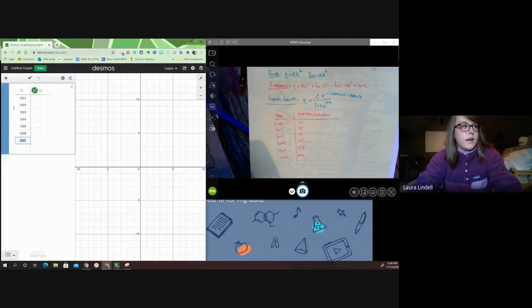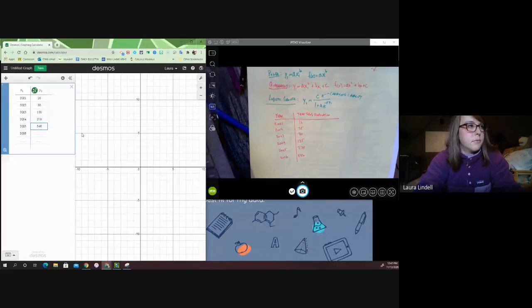And after a while, it notices what you're doing, usually on the X's, so it'll autofill for you a little bit, which is nice, especially if your X's are just going up by a consistent value. And then the tree frog population. Oops, I skipped a row.